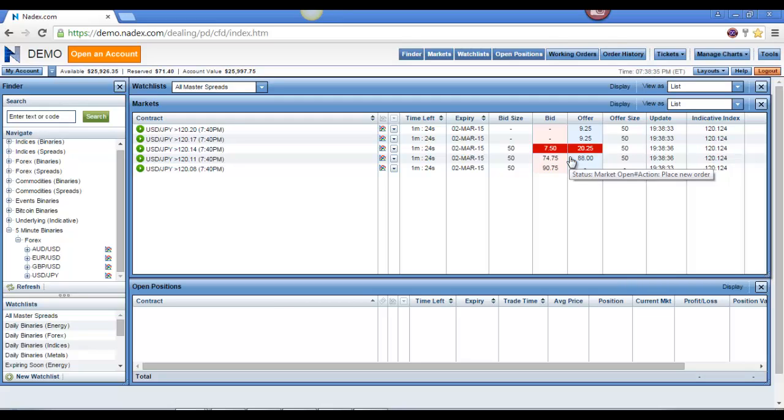So what's the latest point you can sell before a trade closes? Well, as long as there's a quote there, you can get out of it at any time, Hugo. But what we always suggest is keep those dark zones in mind. If you're doing a 5-minute binary and you've only got about 45 seconds to go and you see it going against you, you probably want to go ahead and get out of it there, because you might not be able to get out of it those last 30 seconds.